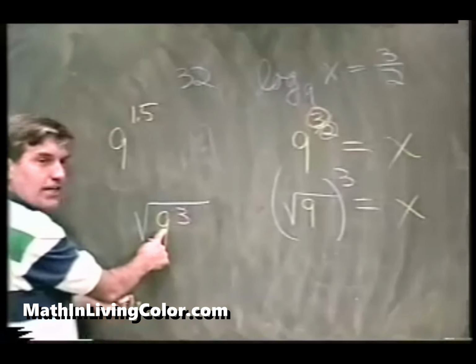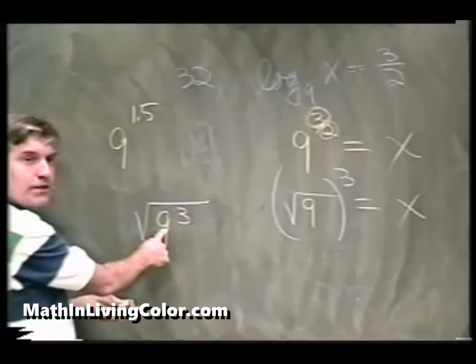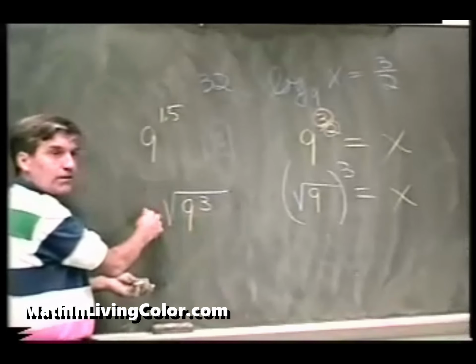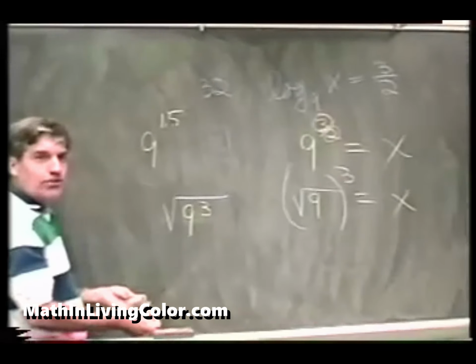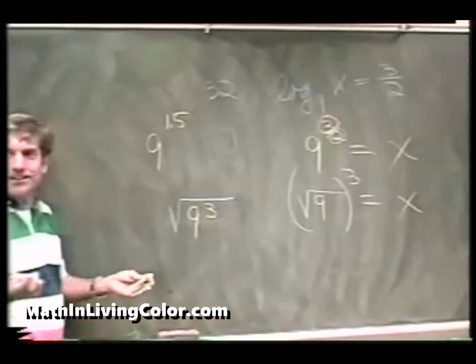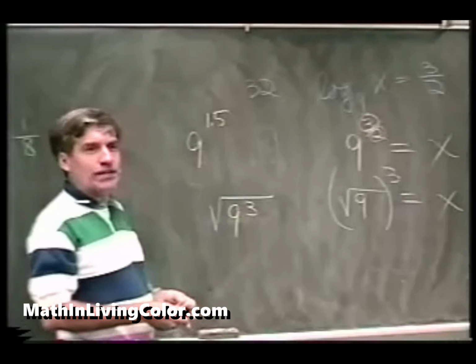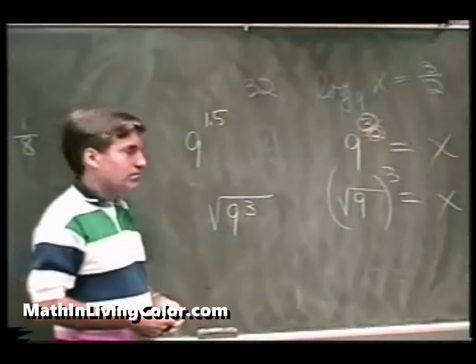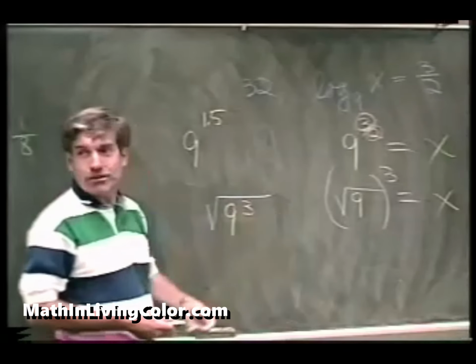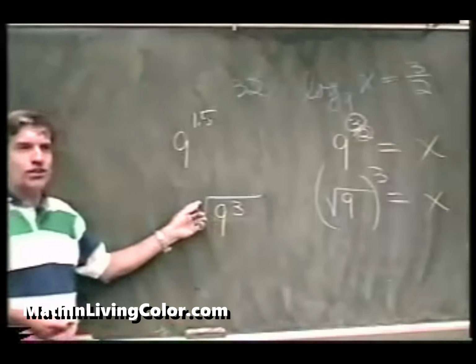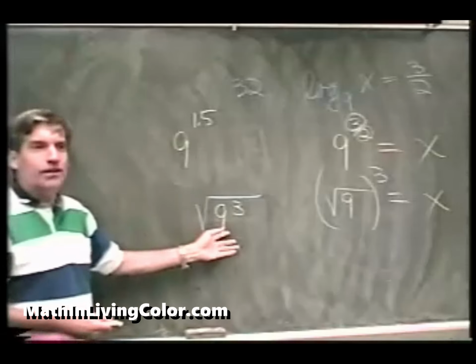9 times 9 is 81, times 9 again would be 729. And then take the square root of that. That might not be the best way to do it. If your calculator will allow you to take the square root of 729, you get, guess what? 27. Okay? I'm talking about square root, not cube root.